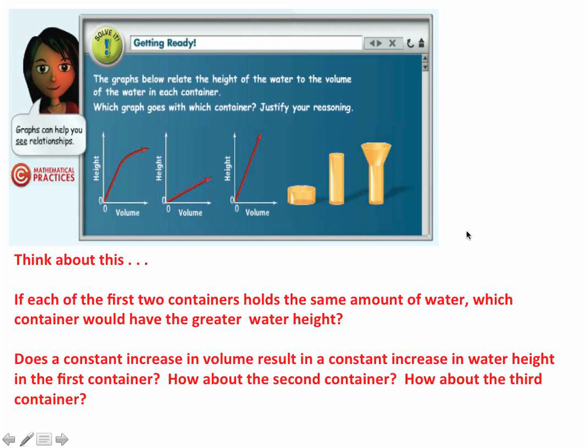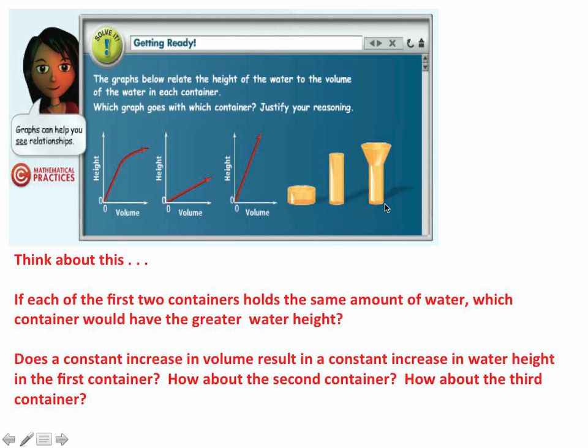If I do it in the third one, will I consistently get higher? As I fill this up, yes, it would continue to grow at the same rate, but as soon as I get into this cone looking thing, it's going to change how fast it goes up, because this cone holds a little bit more than this bottom cylinder part.